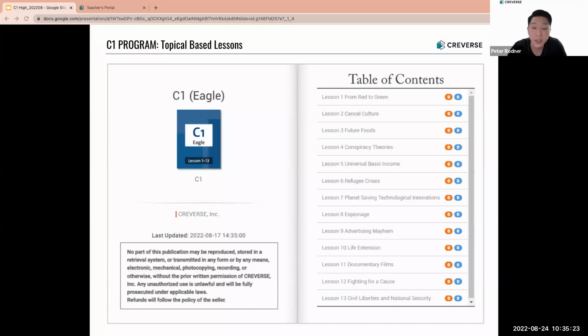This means it's a little bit easier for you to gain interest and build interest in the topic with your students, as well as use media cards and other types of videos to help make the class a little more fun. Unlike the A2 program, if you remember, you would have different readings on different subjects. For example, for one reading you're talking about spiders, the next one you're talking about the Renaissance, and so forth. So keep that in mind.